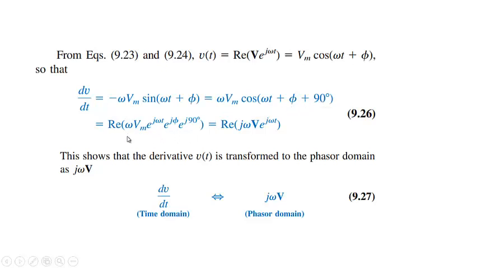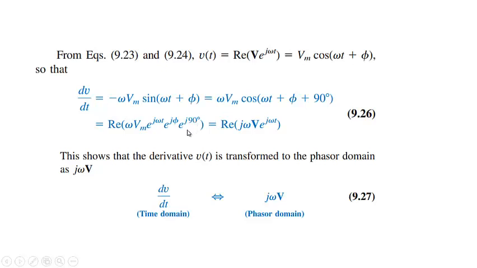I can write it in terms of the sinusoidal identity, real part of omega Vm e raised power j omega t, e raised power j phi, e raised power j 90. When you simplify e raised power j 90, it will be equal to cos of 90 plus j sine of 90.